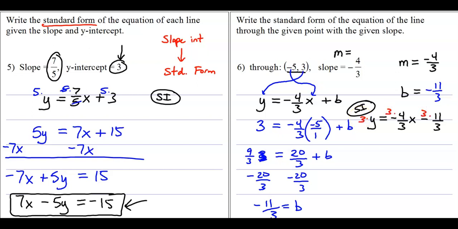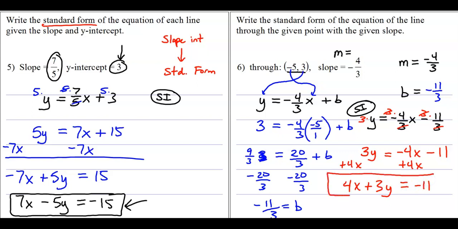Now the cool thing is these cancel, these cancel. So it's pretty much going to be 3y equals -4x minus 11. And then now I just need to throw that x to the other side. So I'm going to add 4x, and we have 4x plus 3y equals -11. Wow, that was a lot of work. Okay, most of the work was just the 3-6 work.